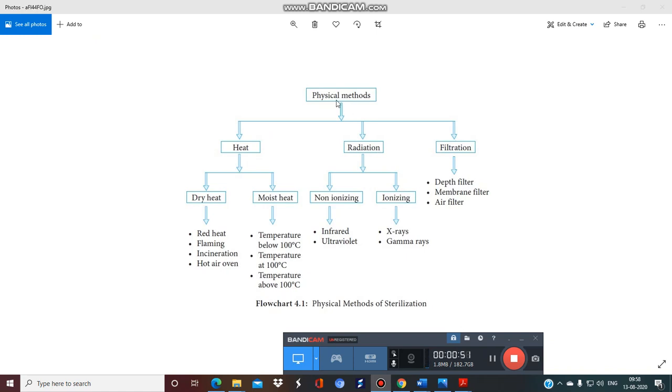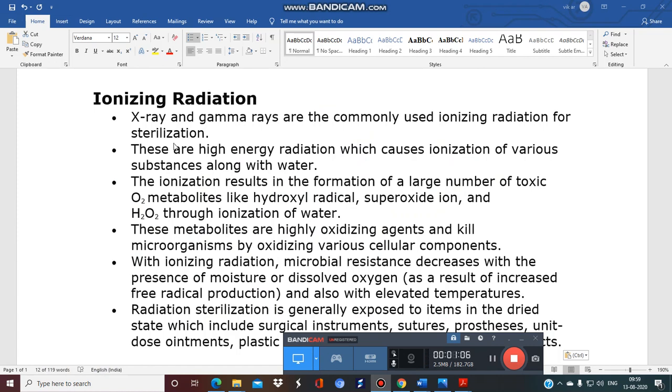You see here, in physical methods, in radiation, X-rays and gamma rays are examples of ionizing radiation, whereas infrared and UV light are examples of non-ionizing radiation. So how do they act?